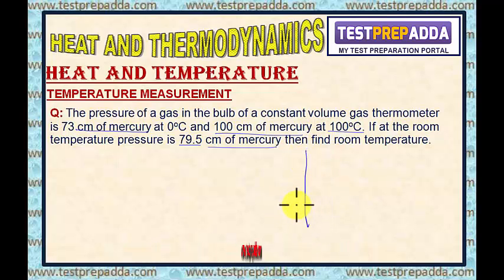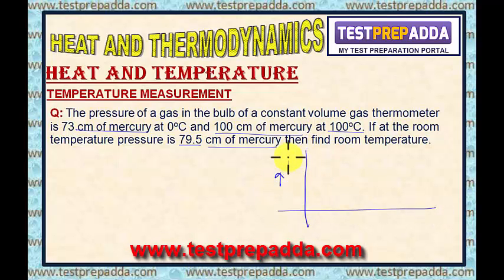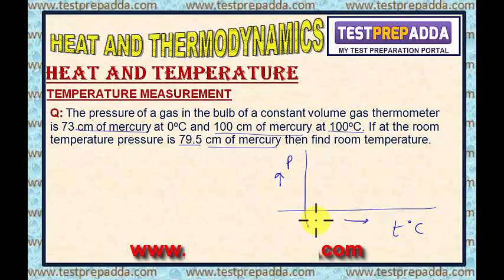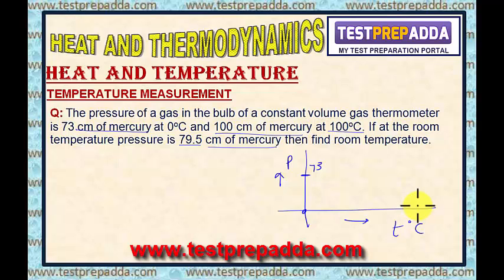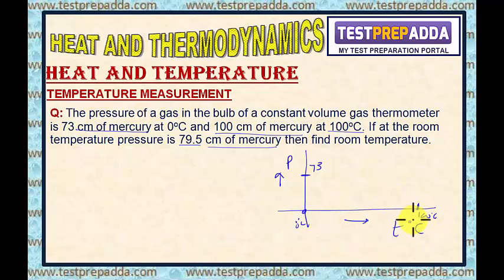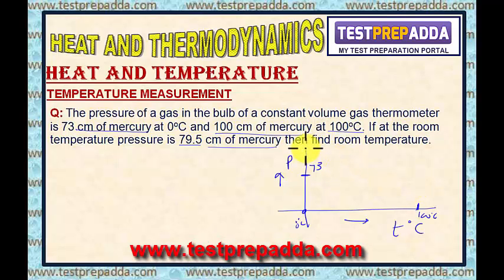If I draw a graph between pressure and temperature in degrees Celsius, at 0 degrees Celsius the pressure is 73 centimeter of mercury, and at 100 degrees Celsius the pressure is 100 centimeter of mercury. So if I draw, this is the straight line.